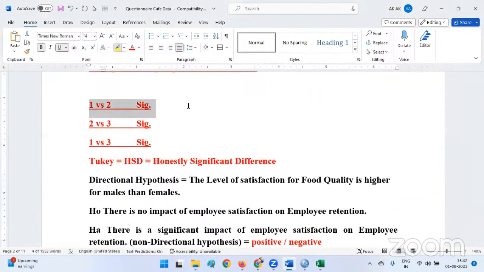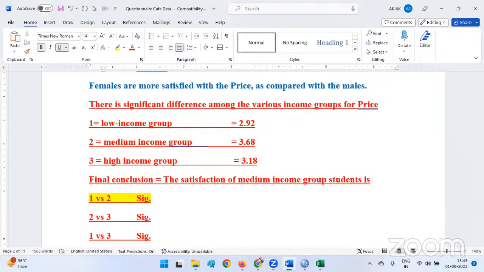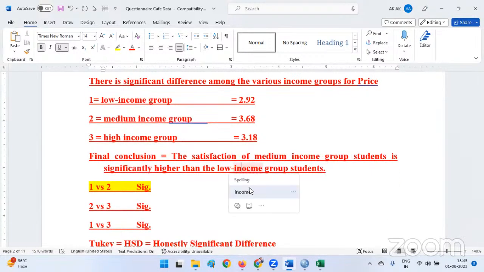This is significant. So the final conclusion is, more or less we know by the mean values, the satisfaction of medium income group students is significantly higher than the low income group students.